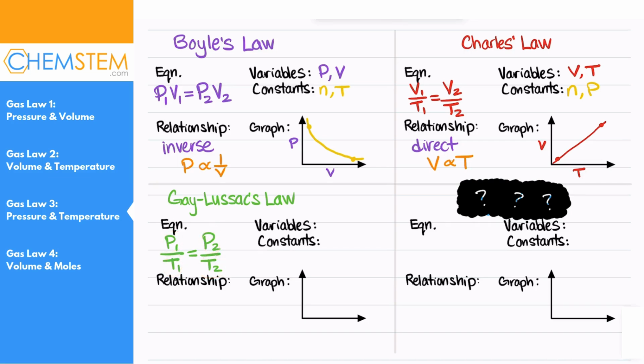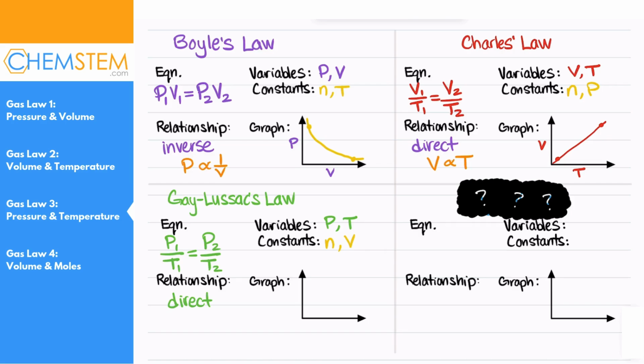As we can see from this equation, there are two variables, pressure and temperature. That means that N, number of moles of gas, and V, the volume, are constants, so they're not in the equation. These variables have the same structure in the equation as Charles's law, which means that this is also a direct proportion, or directly proportional relationship.